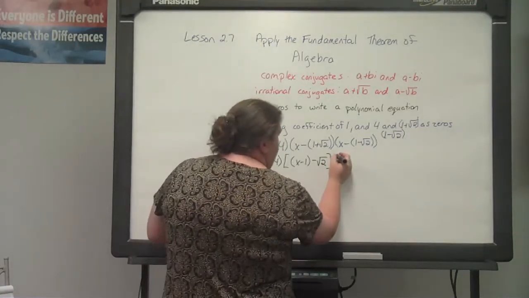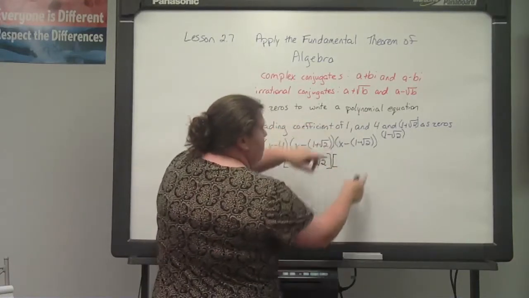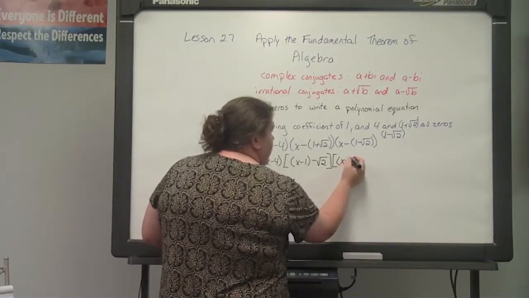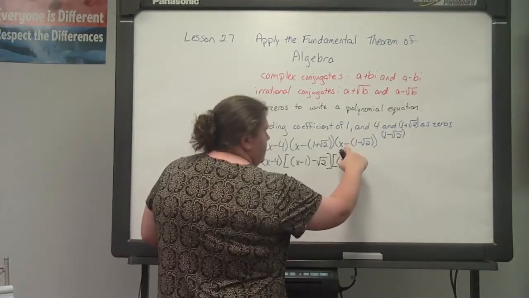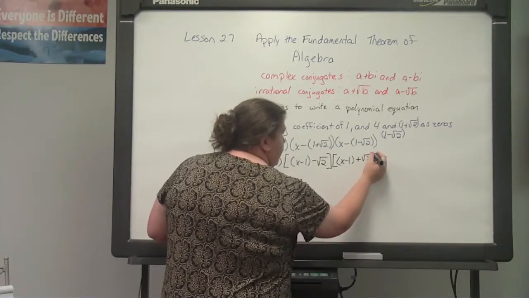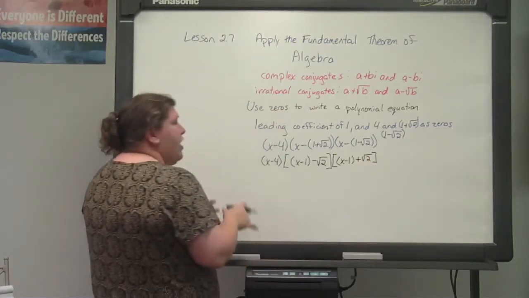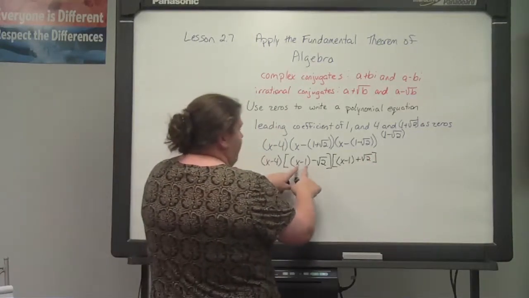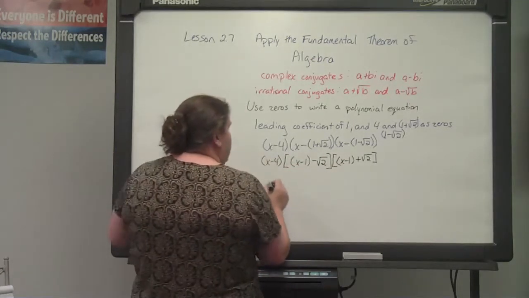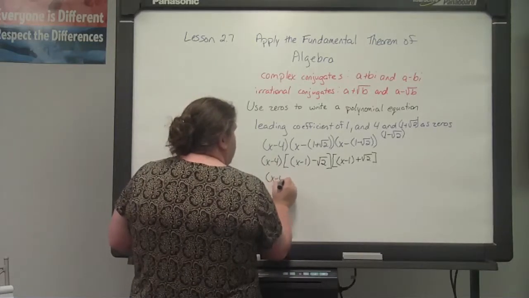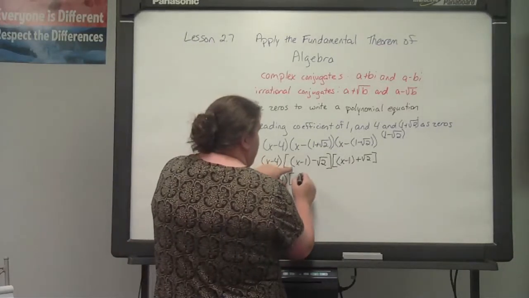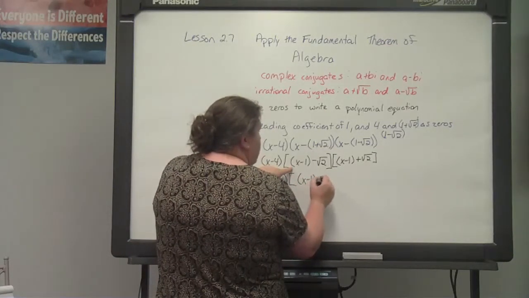I'm going to start a new bracket. And again, right here, I can associate it differently and still say x minus 1. But this time a minus times a negative becomes a positive square root 2. Now I have it rewritten to where I can see that I have x minus 1 twice. So I can say x minus 4, and again I want to keep my brackets for right now, but I'm going to put x minus 1 squared.